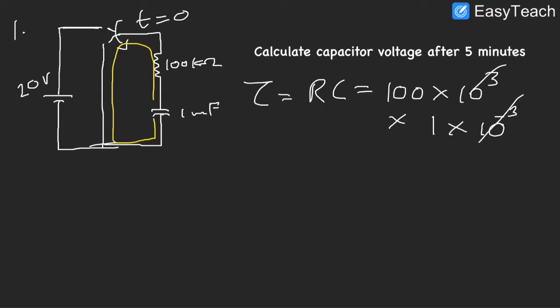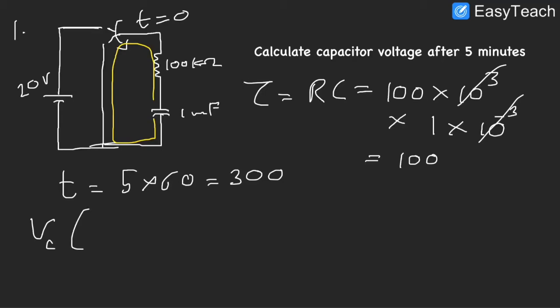The 10 to the power 3 and 10 to the power minus 3 cancel, and our RC value is 100. We're being asked to calculate the capacitor voltage after 5 minutes. Remember, 5 minutes is not in standard units. In seconds, that is 5 times 60, which is 300 seconds. So we're being asked to calculate VC at 300.